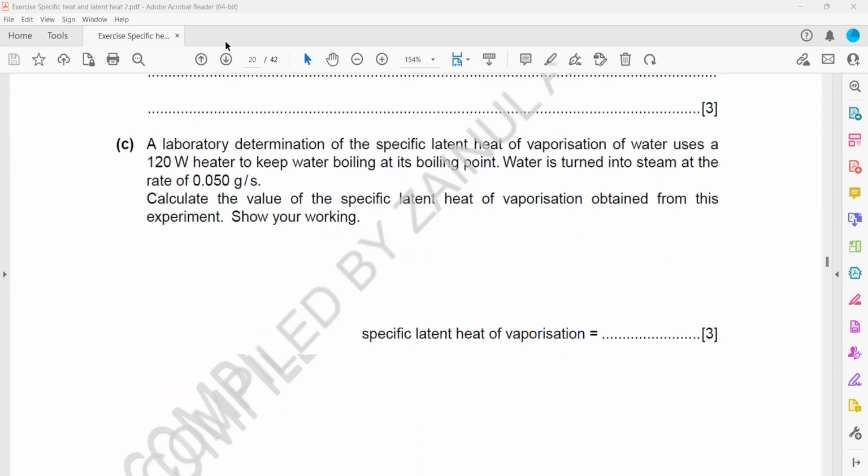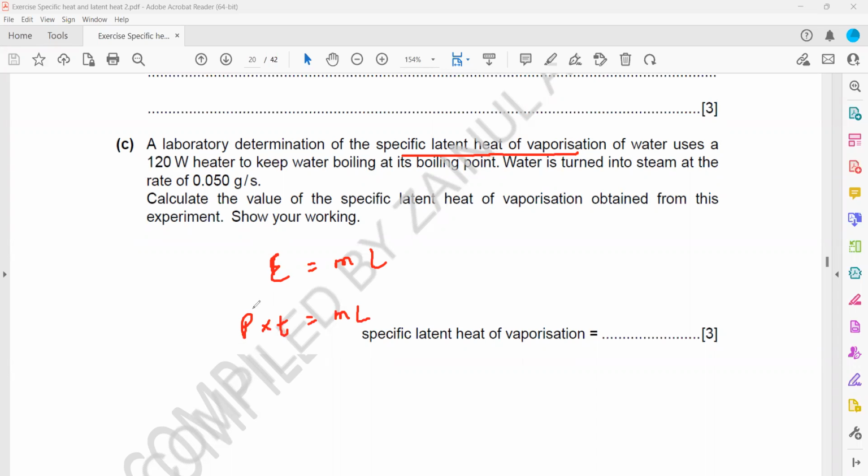In a lab, we are providing latent heat. Latent heat of vaporization means the state is changing. So energy equals mass times latent heat. And whenever there is power, energy is power times time. So in place of energy, we can write power times time.